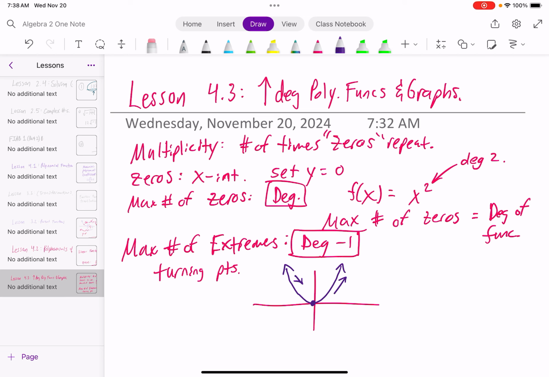So it has one turning point here. It also has one x-intercept, but it could have had 2. Remember, it can equal the degree of the function.